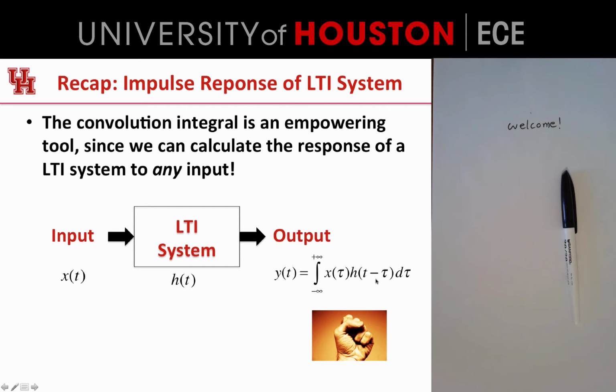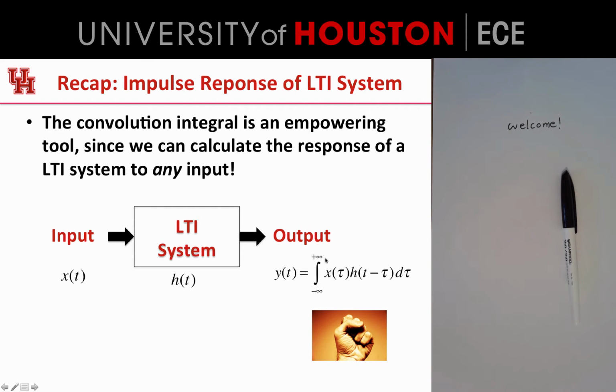The minus sign here tells you that this has been flipped, like time reversal, and then it's been shifted by t. So this flipped and shifted version of the impulse response is multiplied by x of tau, and then the product is integrated.